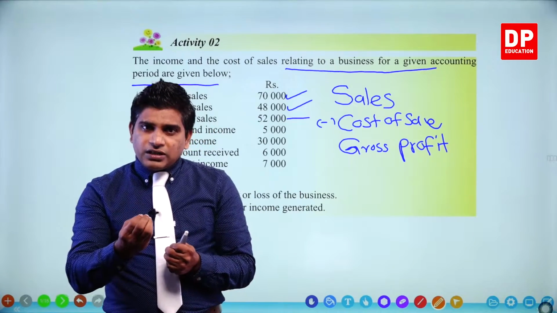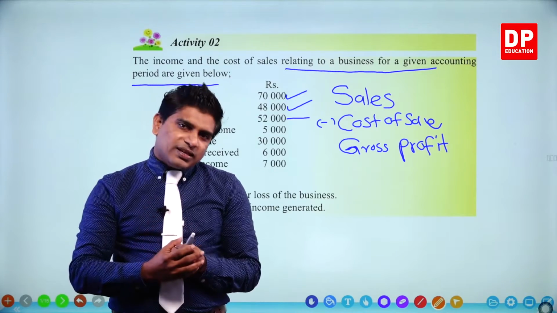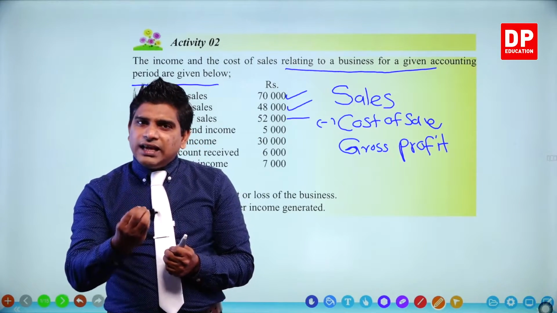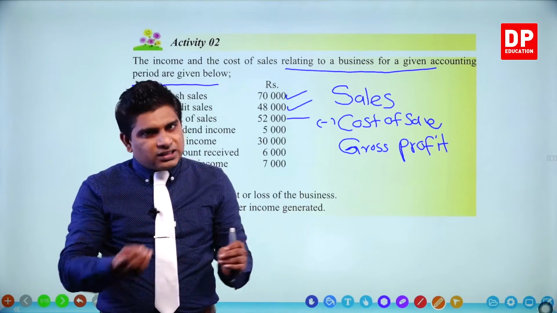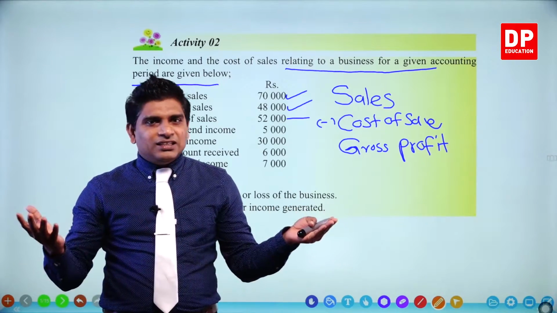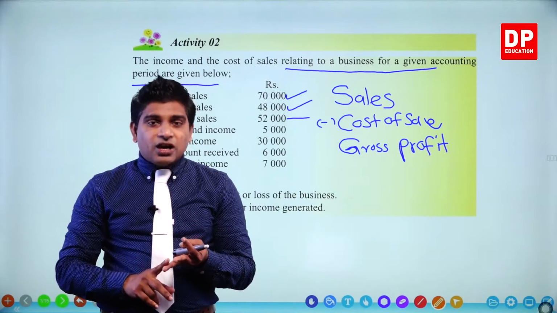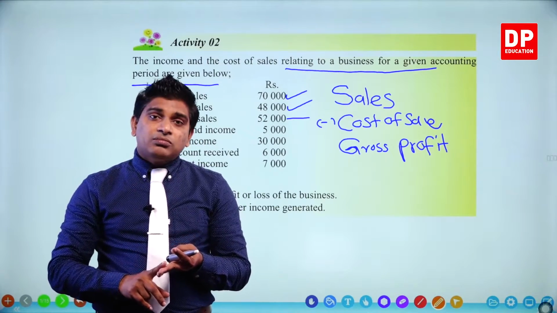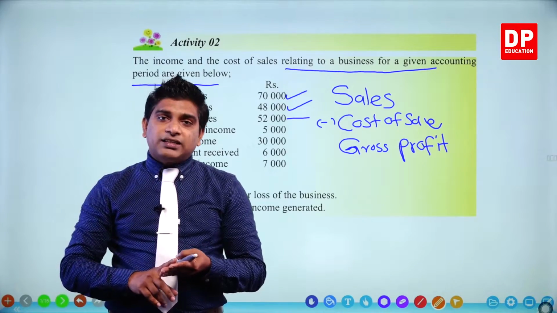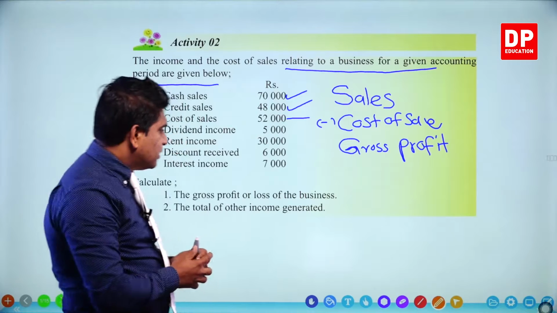After the gross profit, the next place is the other income place. The place is under the gross profit. Other income includes dividends income, interest income, commission income, rent income, like that. All other income we have to write under the gross profit, right?